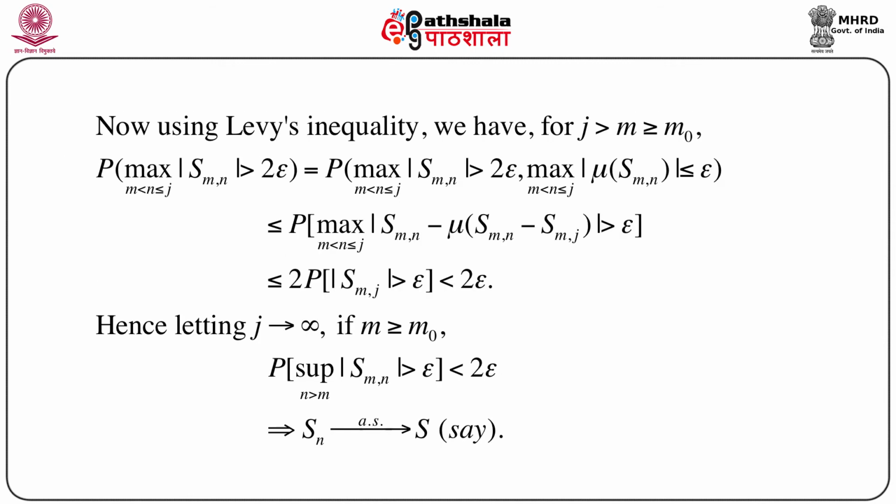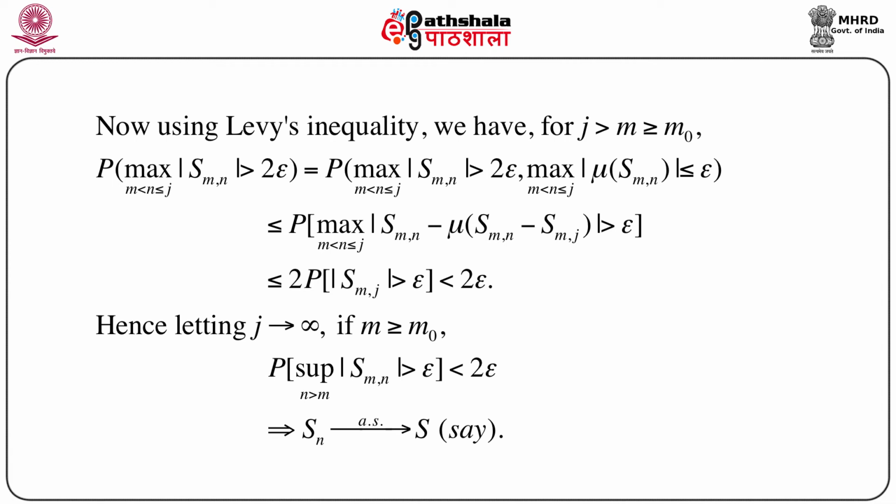Now we just use Levy's inequality directly. For j greater than m greater than or equal to m0, we have the probability of the maximum over m less than n less than or equal to j of modulus of Sm,n greater than 2 epsilon. Just for mathematical simplicity, we have taken this 2 epsilon.